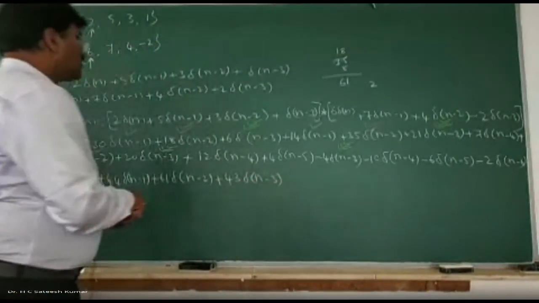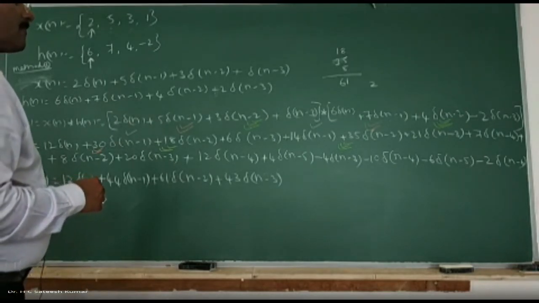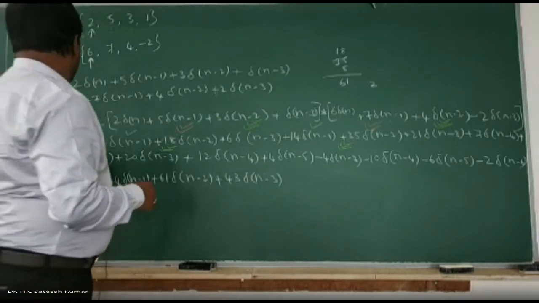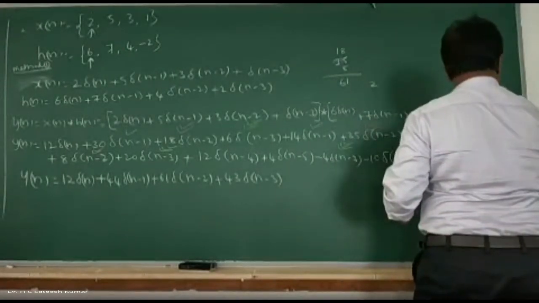Okay, right. Go for the next one. So delta of n minus 4s, how many are there? Start from this one. 1 is there here.